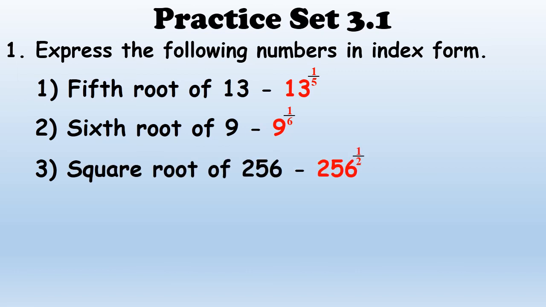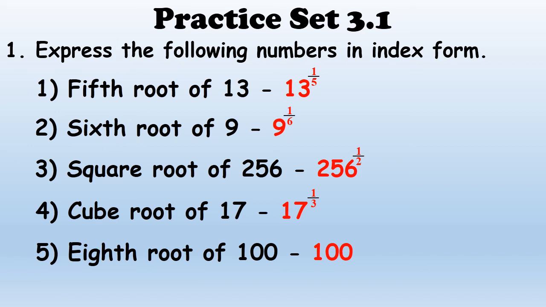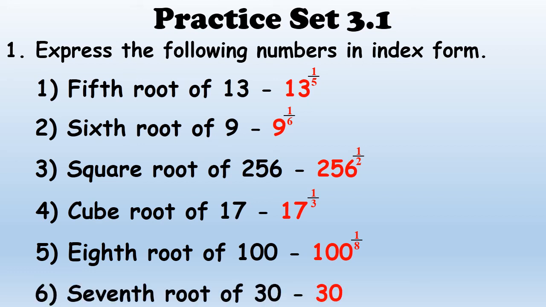Square root of 256 will be 256 raised to 1 upon 2. Cube root of 17 will be 17 raised to 1 upon 3. The second last sum, 8th root of 100 is 100 raised to 1 upon 8. 7th root of 30 is 30 raised to 1 upon 7.